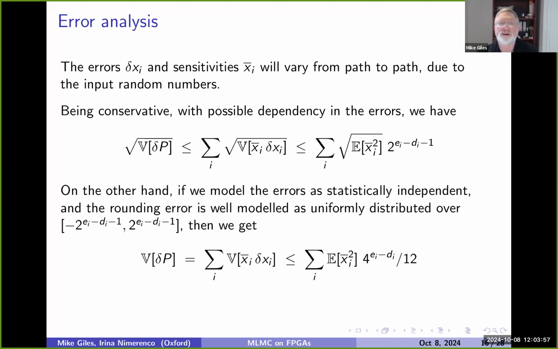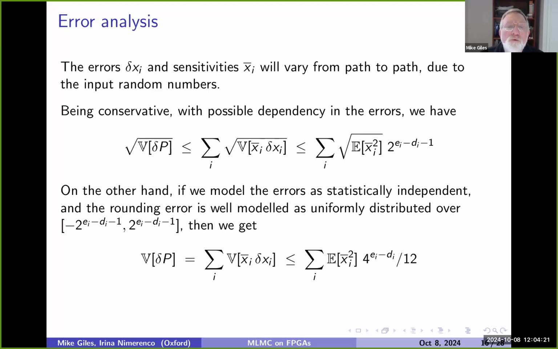Now, there's then a question of whether the errors that we incur at different points in the calculation, are they correlated or uncorrelated? Okay, so the worst case assumption would be to say that there's possibly full correlation between each one of the rounding errors.